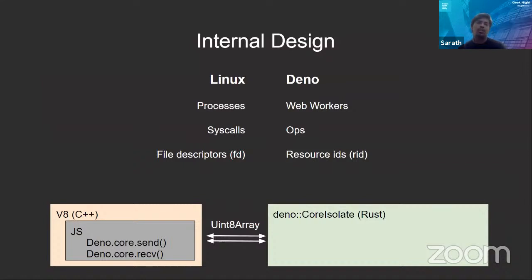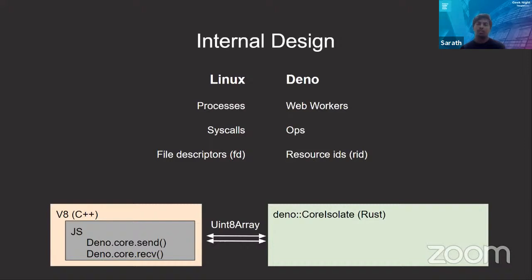We can talk about how the internal design of Deno works. Ryan Dahl recently shared a screen at the recent OpenJS conference, which was held online a couple of days ago. He shared that it is inspired by Linux, and designed the same way. For example, Linux uses processes for background work, which are called web workers in Deno, and the communication between the OS and the process is called syscalls in Linux, which is ops in Deno.